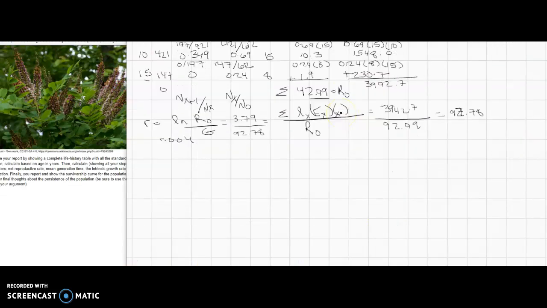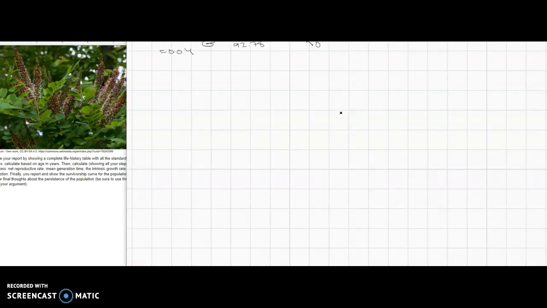And then finally, you've been asked to produce a survivorship curve. So for the survivorship curve, I'm just going to copy your survivorship, L sub x. Then we're going to adjust that so we can take the log. So we're going to take 1,000 times L sub x, and then we'll take the log base 10 of that value.